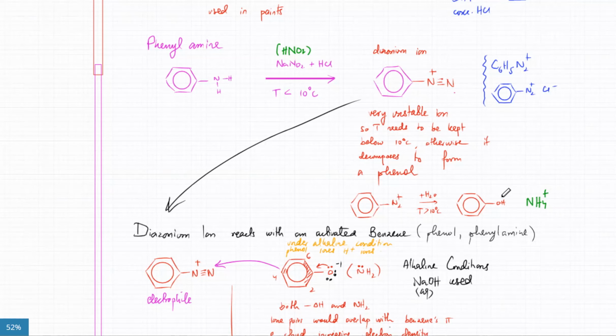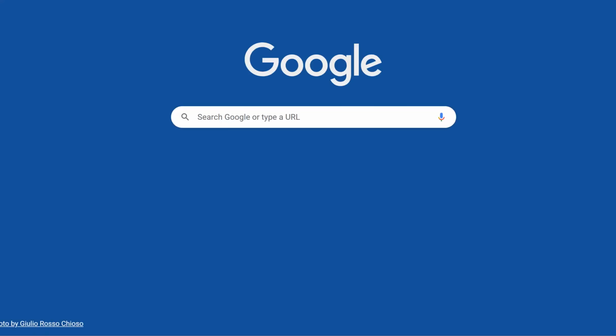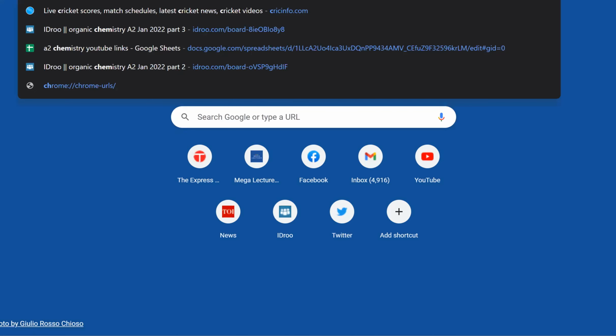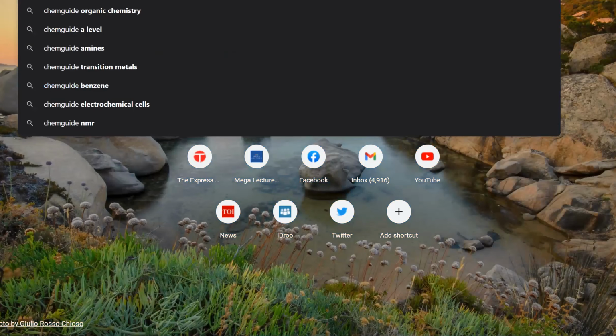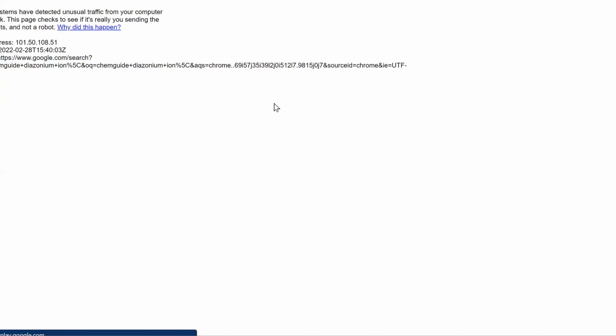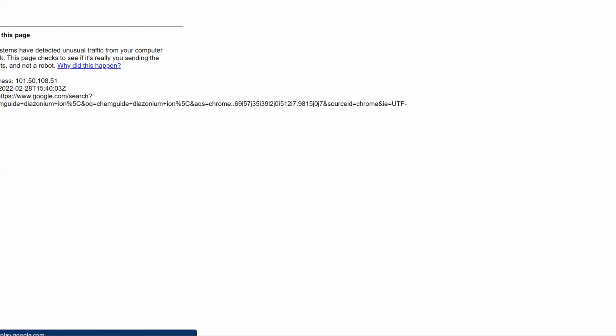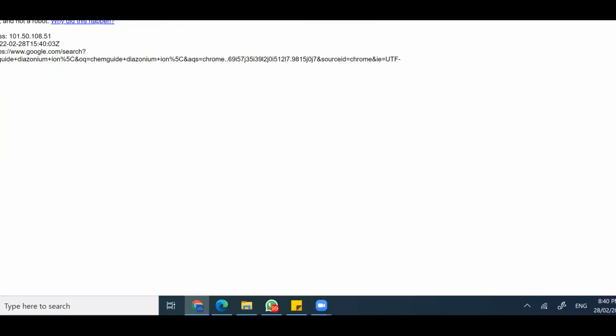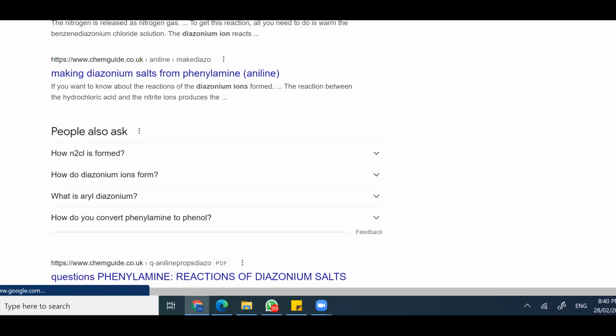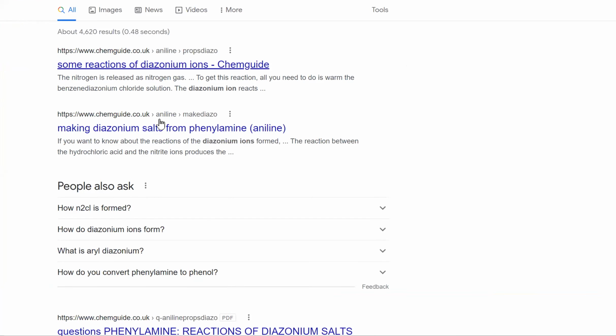But this one is an acid, so let me just quickly Google something. ChemGuide diazonium. Just hold on a second. So that's some reactions of diazonium ions.